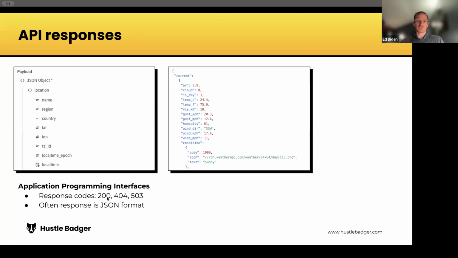The very simple way of understanding these: 200, everything is okay. Like all is good. The 400s, all the different 400 ones, basically mean you have made a mistake. You as the user have done something wrong. You're not authorized to see the page, or you haven't made your request in the right format. All those sorts of things.